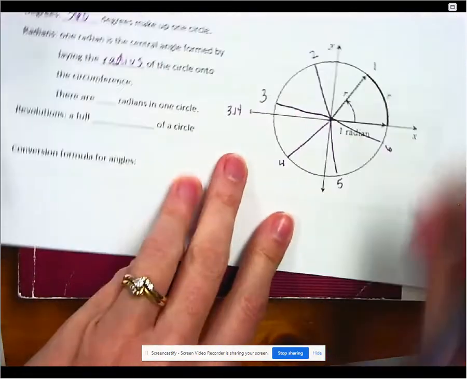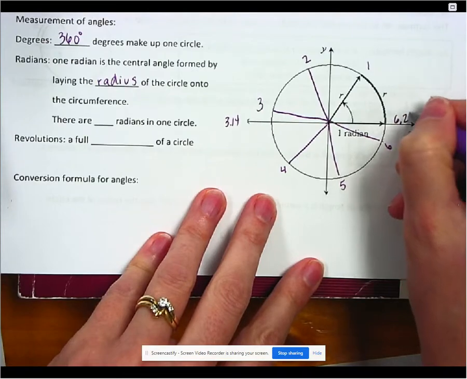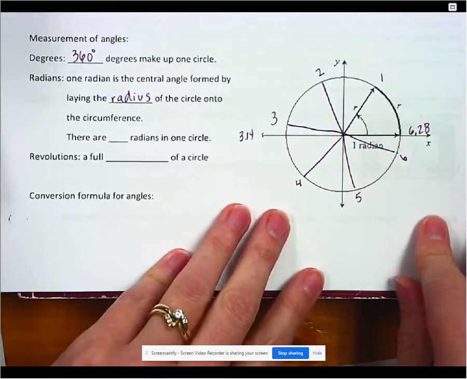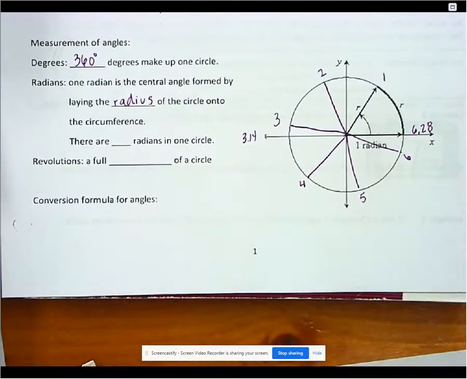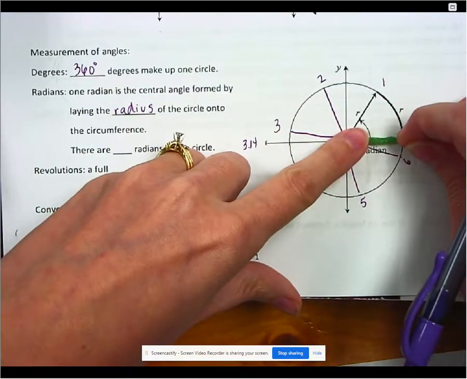And then all the way around is going to be 6.28. Okay, so fill that in. You can pause the video if you need to, but I think that really helps students understand what a radian is. And a radian obviously is way bigger than a degree.